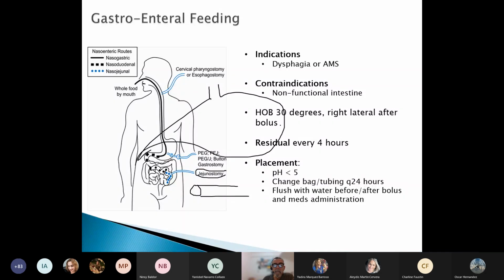So the amount of food that could be introduced at once in the stomach is much, much bigger than in the jejunum. No more than 30 milliliters, 1 ounce, could be introduced at once in the jejunum.